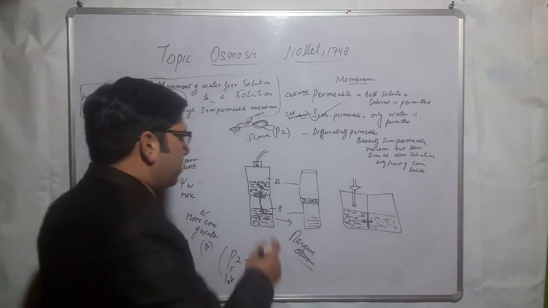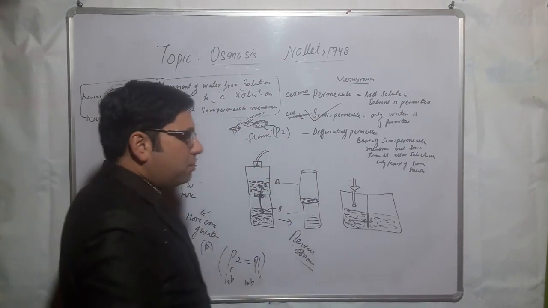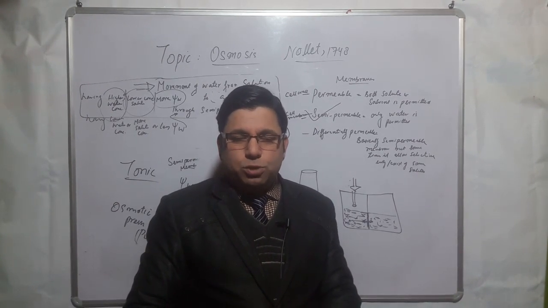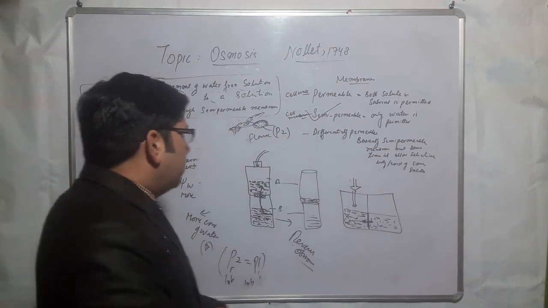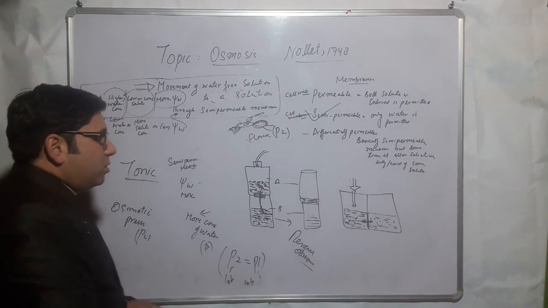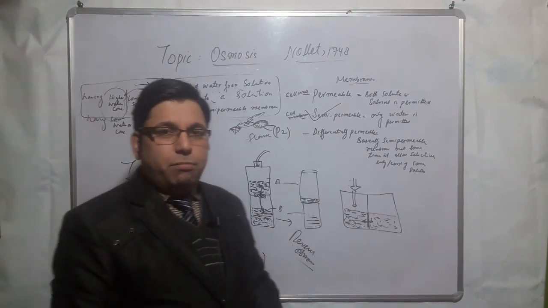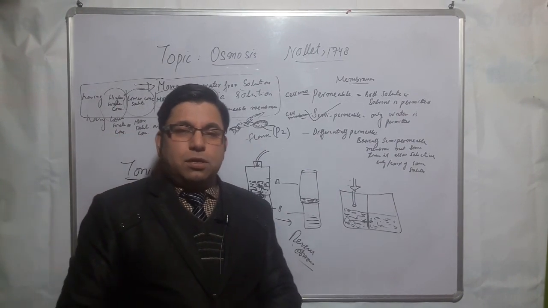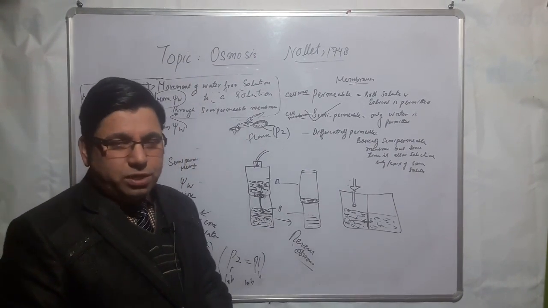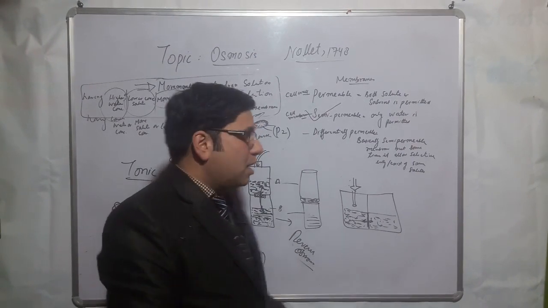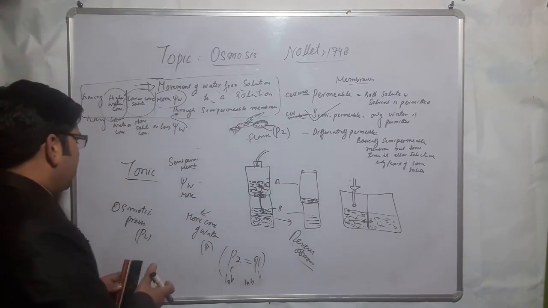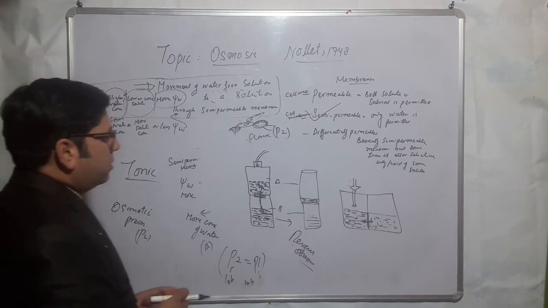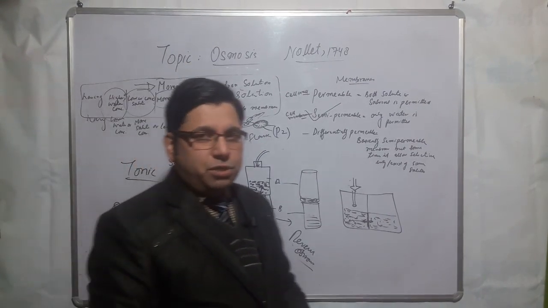So we need external pressure, and we need a semipermeable membrane also, because that will not allow movement of solutes. Overall, osmosis is a very well-known concept in plant physiology, having its basis in osmotic potential. And this was the basics of osmosis, osmotic pressure, semipermeable membrane and its method of measurement.